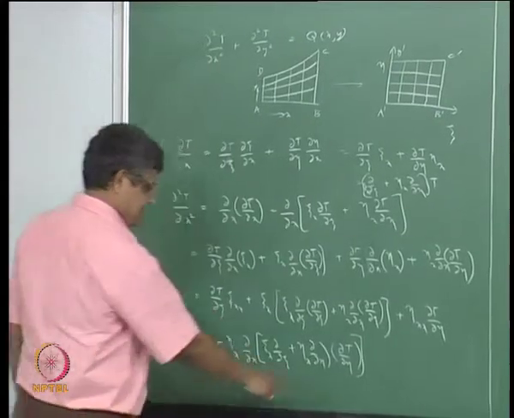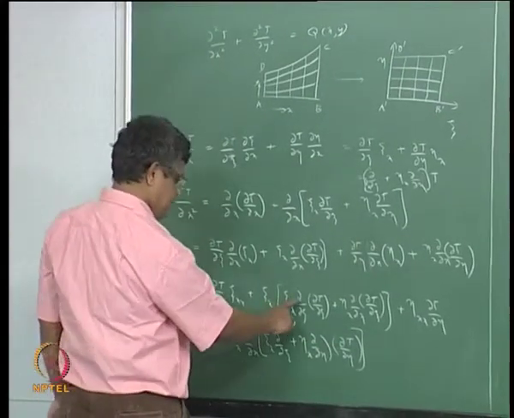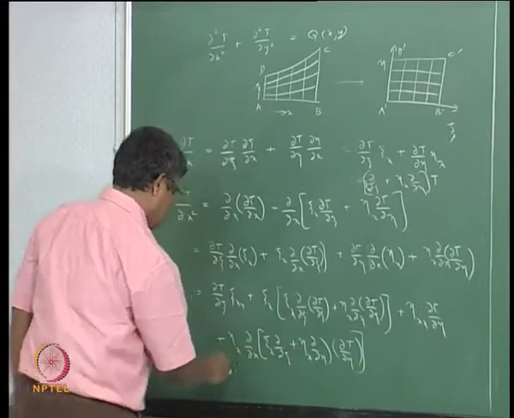So we can see that this becomes dou square T by dou psi square.